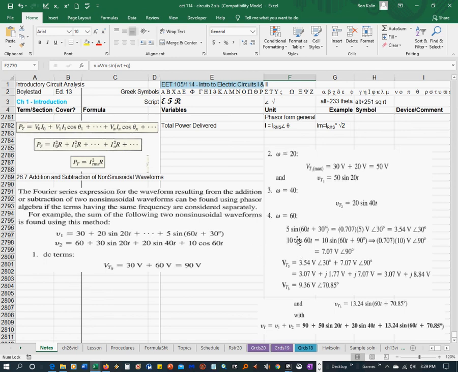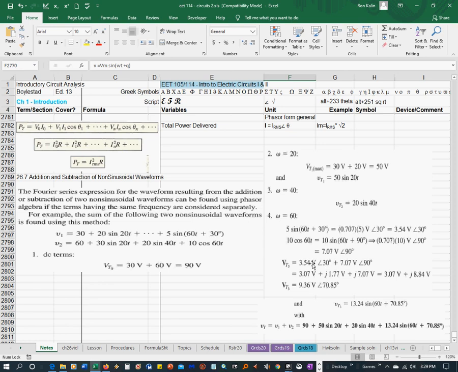And then the 10 cosine 60t, convert that into sine by adding 90 to it. So 10 sine 60t plus 90. Then they take the 10, multiply by 0.707, and the angle is 90 degrees. So that equals 7.07 angle of 90.